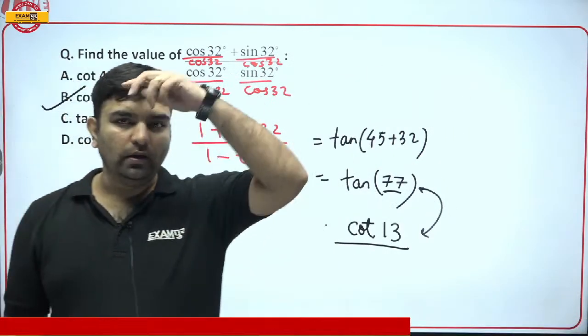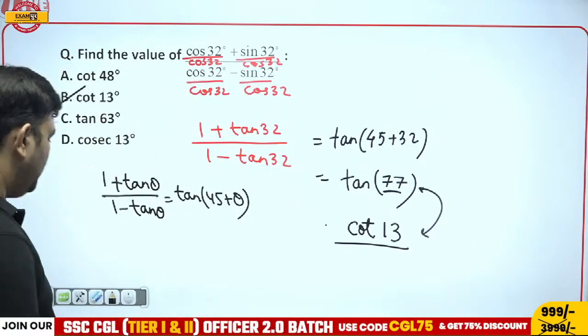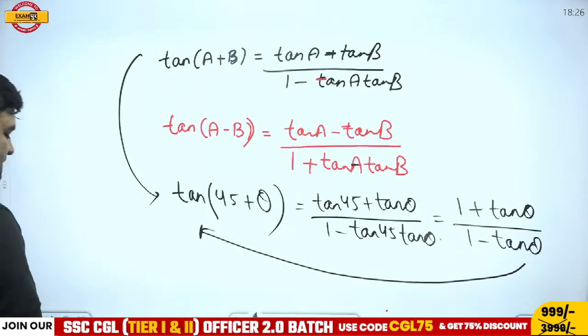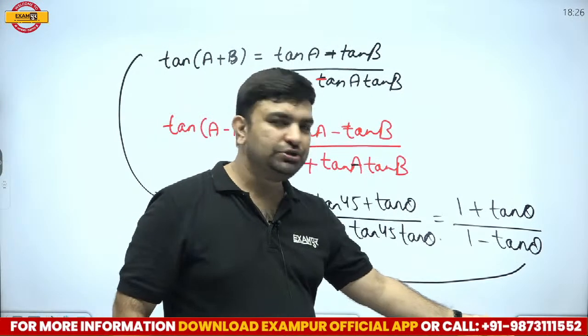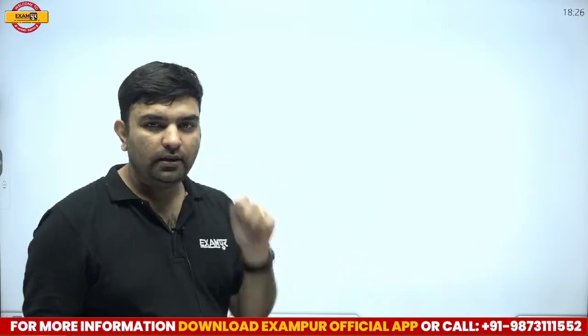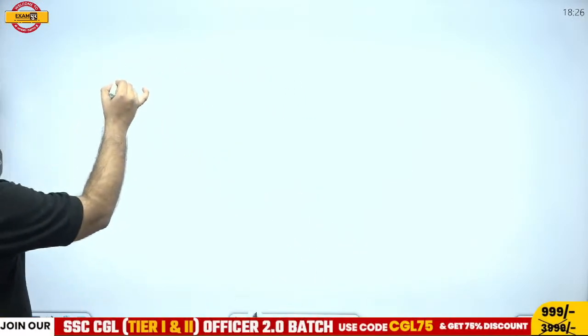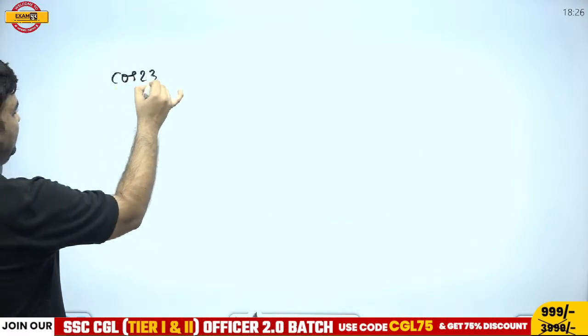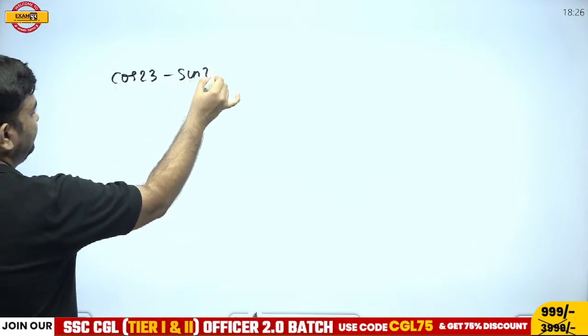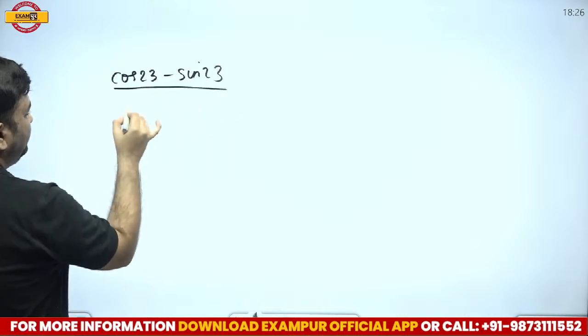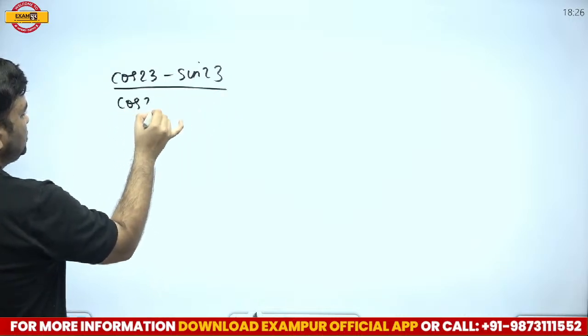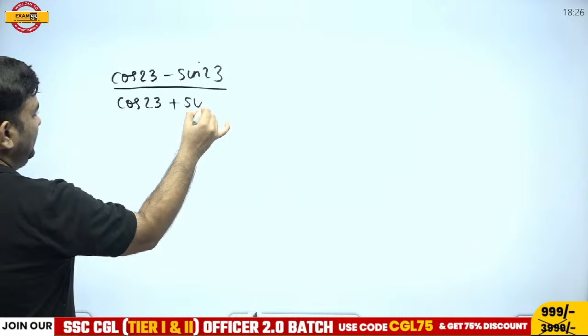So now from today onwards, one thing is very clear, guys. From today onwards, two questions are always in your radar. That is, cos 23 minus sin 23 upon cos 23 plus sin 23.